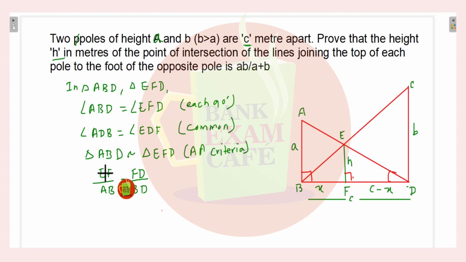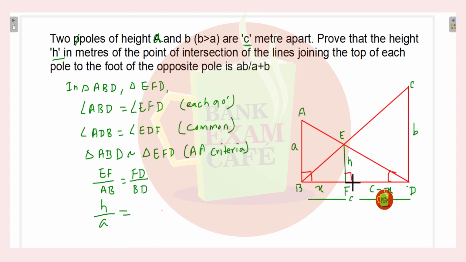EF is H meters, so H upon AB, and AB is A, which is equal to FD.